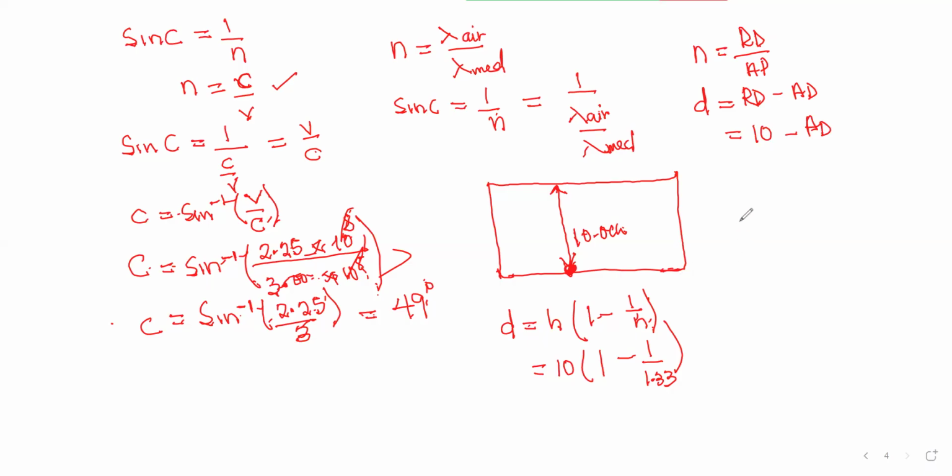So I make the apparent depth the subject. Apparent depth would be equal to real depth over the refractive index. The real depth is 10. The refractive index is 1.33. Please help me determine 10 divided by 1.33.